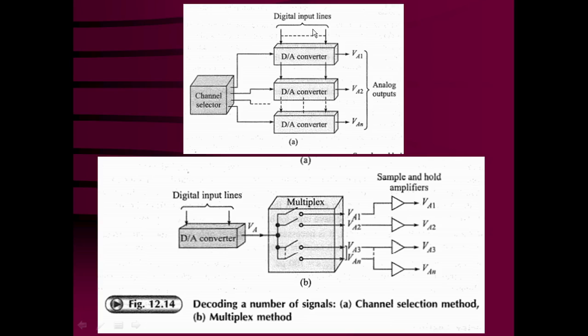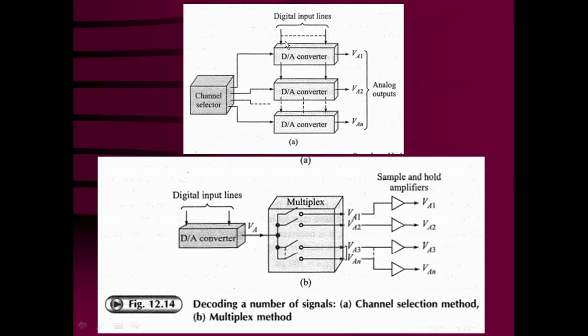When there is information, maybe 4-bit information or 8-bit information, that digital information is converted to the corresponding analog output voltage, which may be designated VA1, and this is going to be held fixed here and stored for the desired period of time.